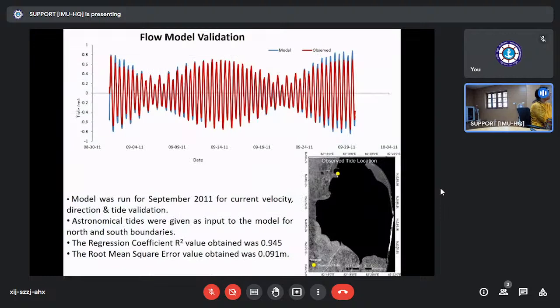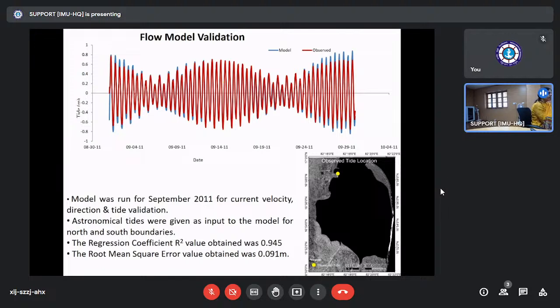So this is the flow model validation. For calibrating the model, various parameters were tuned so that the model represents the fieldwork, so that observed current values, observed water level values, and sediment values match the model simulated data. The model was run for a period of September 2011, and water level, current velocity, and directions were validated.